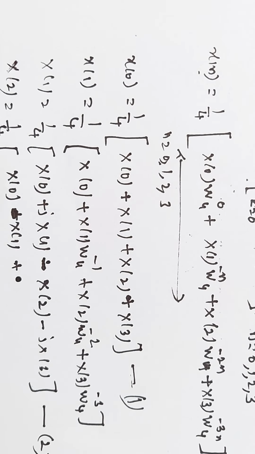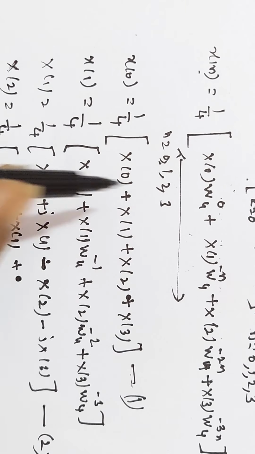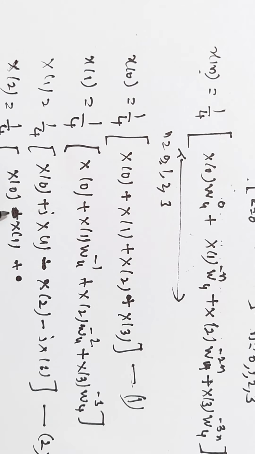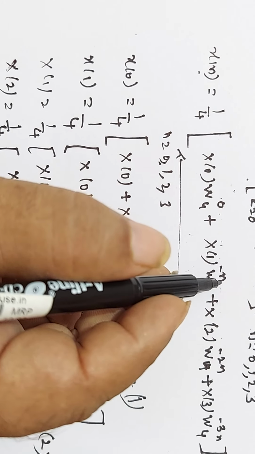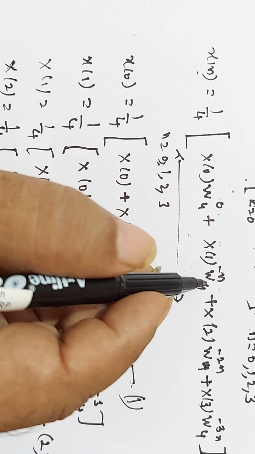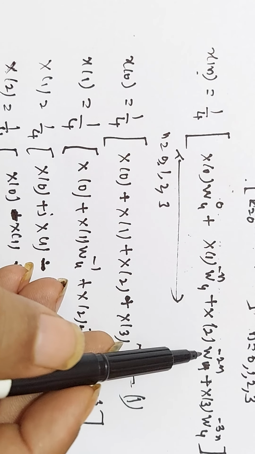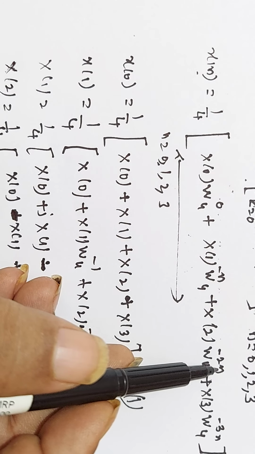Substitute n equals 2 here. 1 by 4, X of 0, W4^0 is 1 itself, so X of 0, plus X of 1, W4^(-2n), because n equals 2. W4^(-2n) is minus 1. Therefore, you get minus X of 1, plus X of 2, W4^(-4).